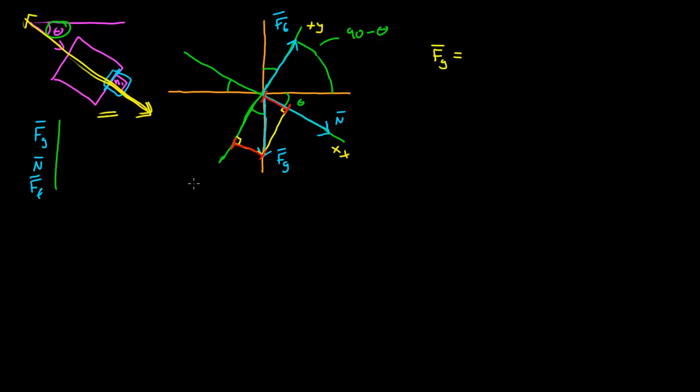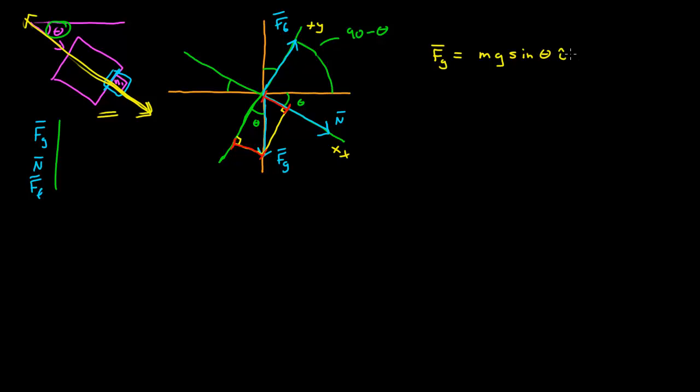And so since I know that this angle here is theta, I know that the x component is going to be the magnitude of the gravitational force, which is mg times sine theta.